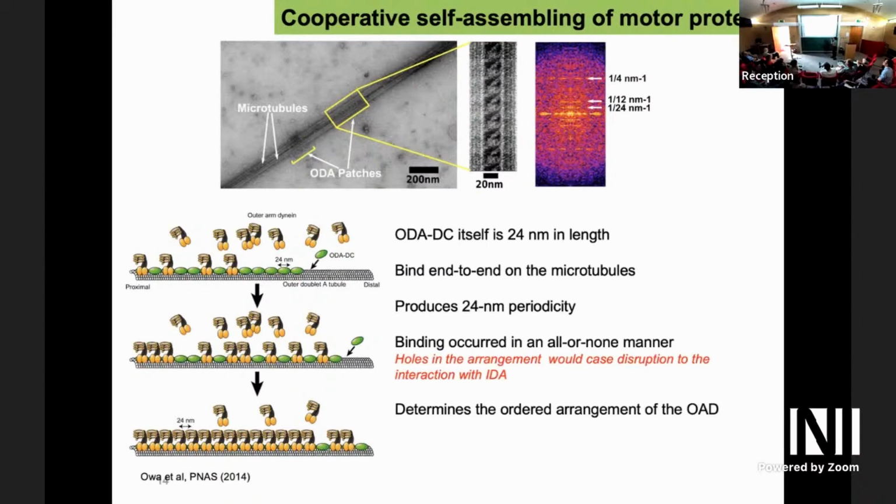That's why creating holes in this arrangement would disrupt the interaction. We have this periodicity because of the way we extract the motors. But in our case, they are already attached. They are not coming in separately.